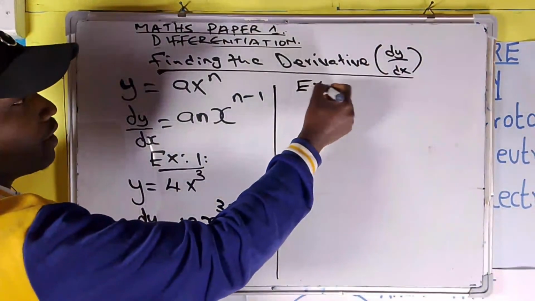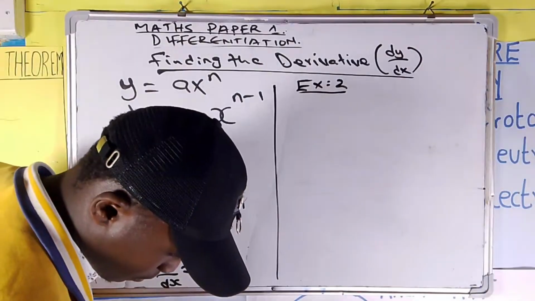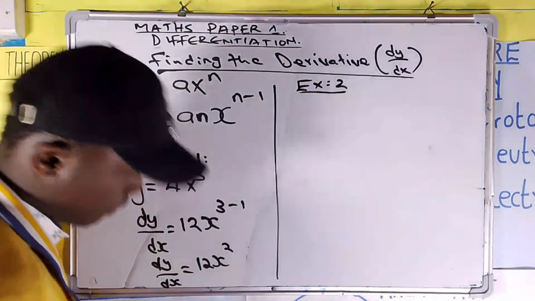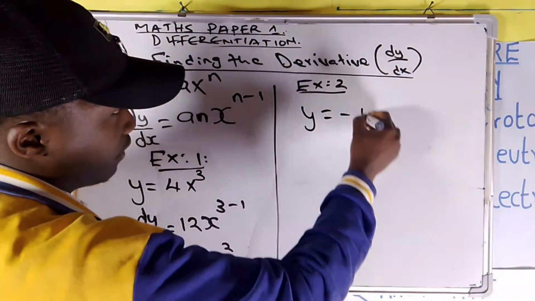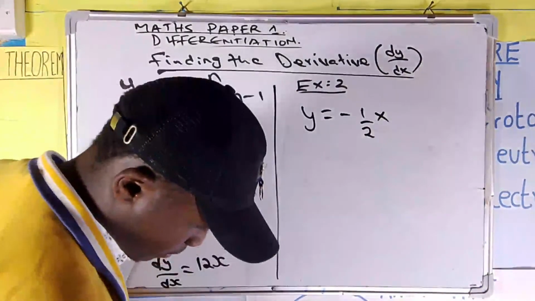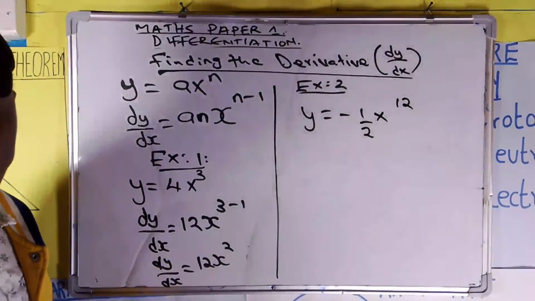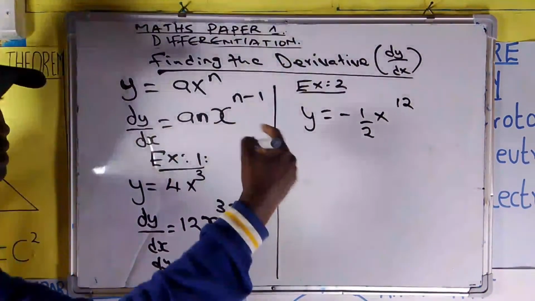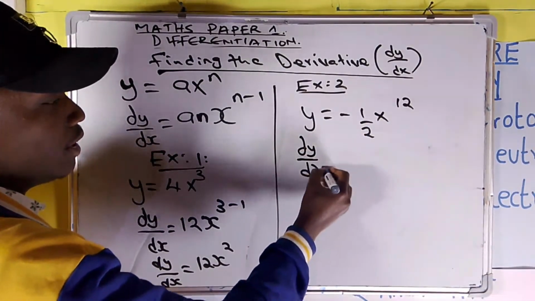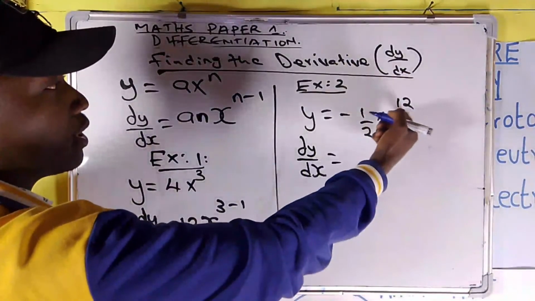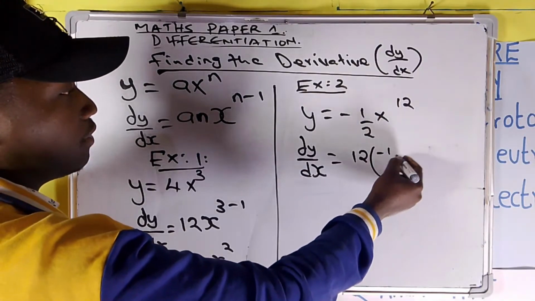We can have another example, example 2: y is equal to negative a half x to the power 12. In this case, we will do the same. It will become dy over dx is equal to, we will take 12 and multiply it here, so 12 multiplied by negative a half.